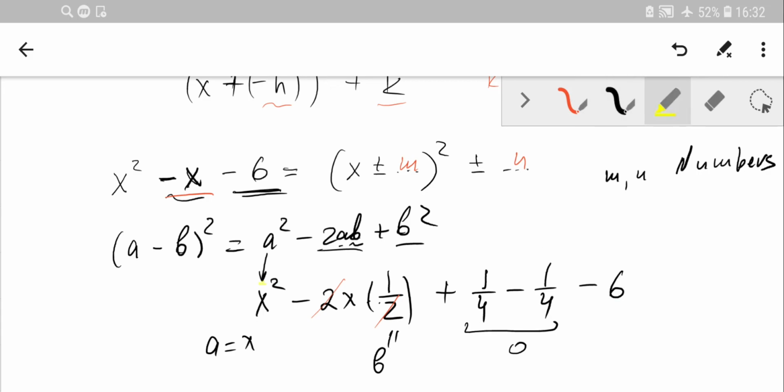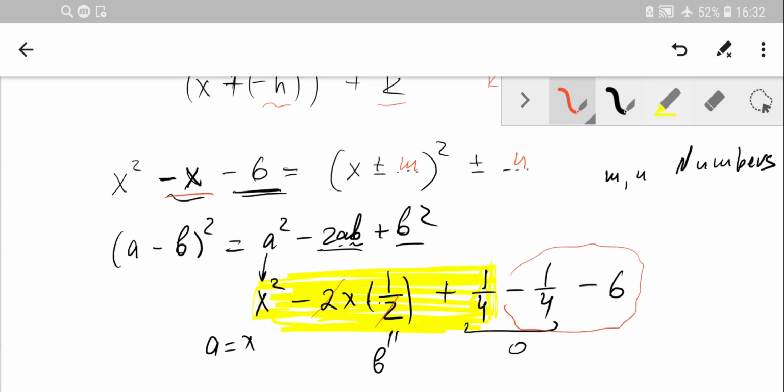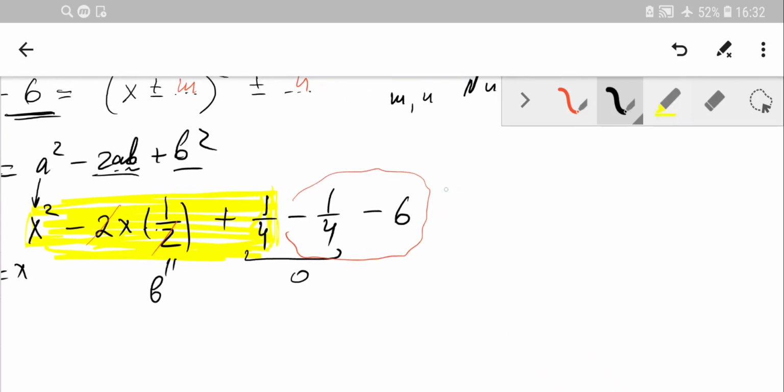Okay, so I highlight a complete square according to the formula. It's right there, up to 1/4. And then I have the rest part, -1/4 and -6. Now I'm just going to simplify that. So this, according to the formula, will give us x minus 1/2 completely squared.